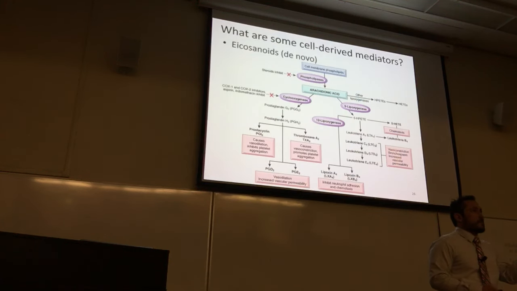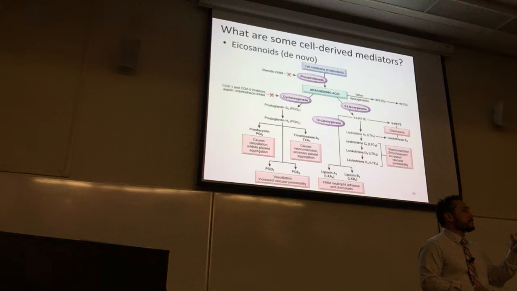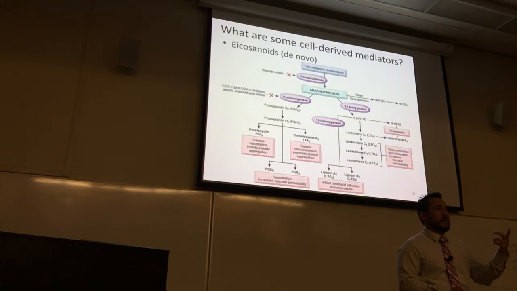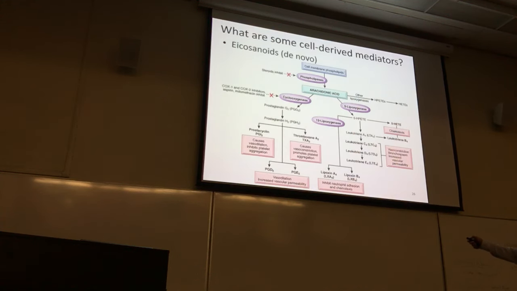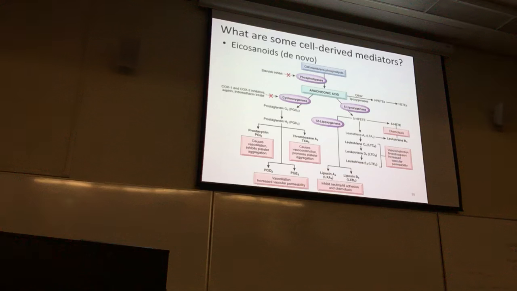So you take the cell membrane, pretty clever, you digest it with a lipase, and you get arachidonic acid as your starting ingredient. And from that starting ingredient, you can either make what we call the family of prostacyclines, thromboxanes and prostaglandins, or you can make the family of leukotrienes.